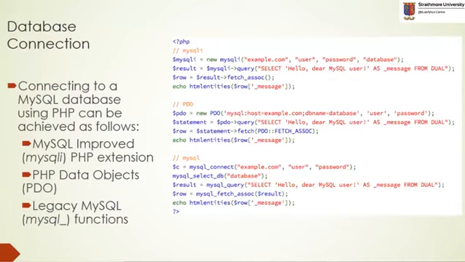We have what we call MySQL Improved, which is the MySQLi PHP extension. We also have what we call PHP Data Objects, PDO, and we have the legacy MySQL functions. The first one is MySQLi, the second one is PDO, and the third one is the legacy MySQL function.